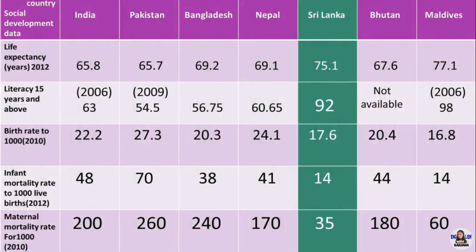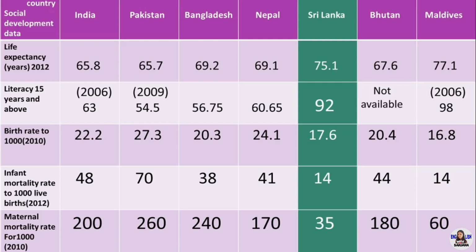This table shows us the country's social development data. Life expectancy: India 65.8, Pakistan 65.7, Bangladesh 69.2, Nepal 69.1, Sri Lanka 75.1, Bhutan 67.6, Maldives 77.1.